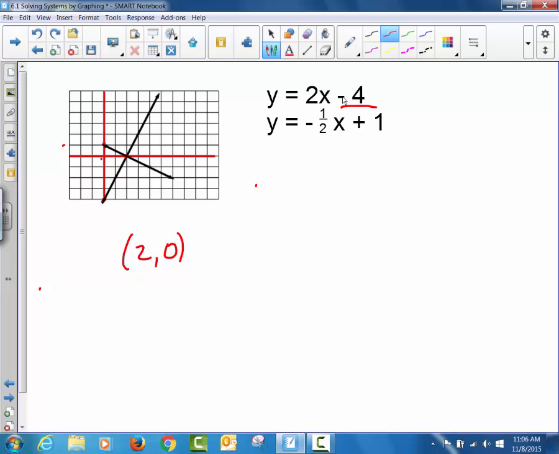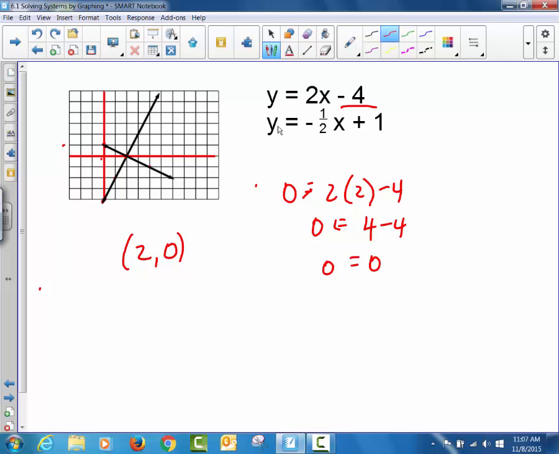And if you were to come over here and check, you would go y equals 2x minus 4. 0 equals 2 times x, which is 2, minus 4. That gives us 0 equals 4... I hate it when it does that. 0 equals 4 minus 4, and 0 equals 0.